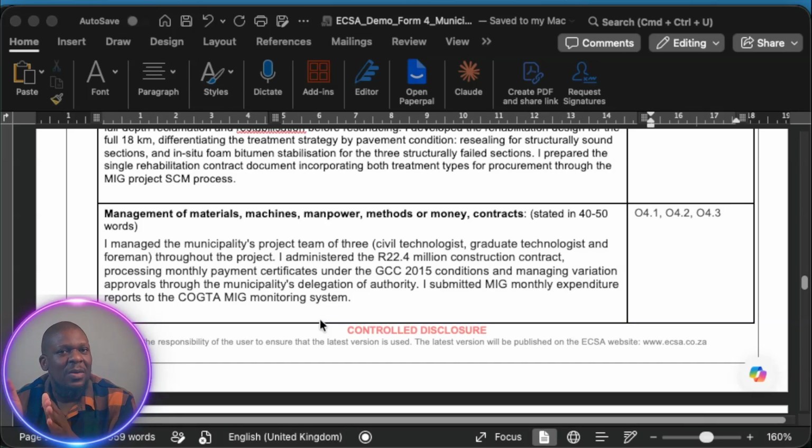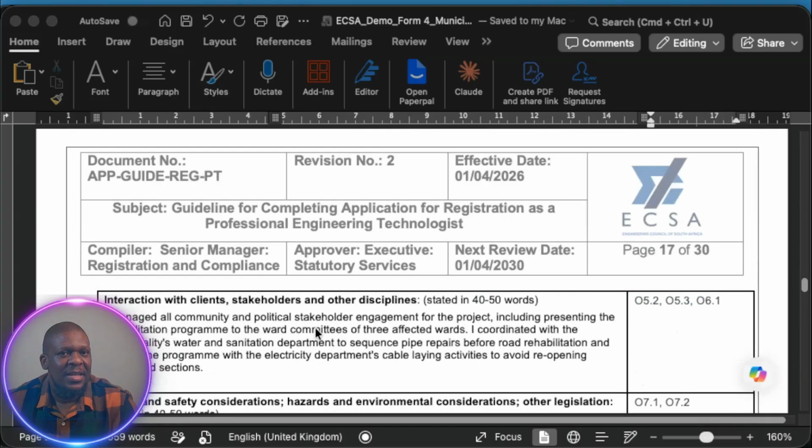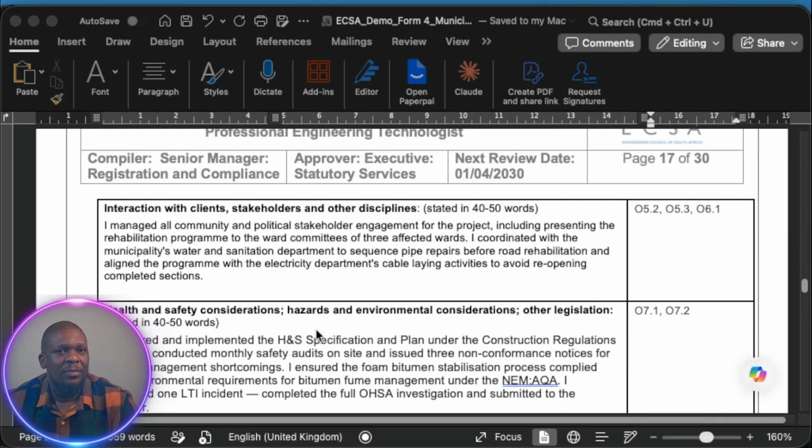You are responsible for submitting monthly expenditure reports to COGTA on a monthly basis. So you are basically working as a conduit between the consultant and COGTA. So that is your function as a senior technologist.